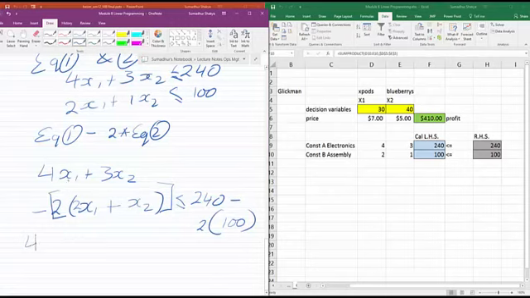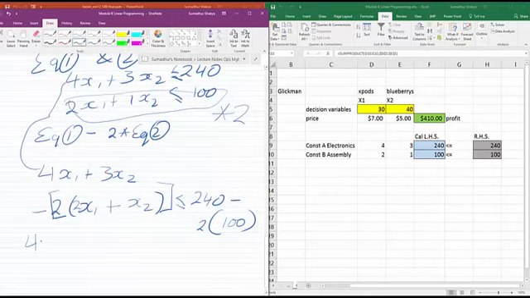So this equation 1 left hand side is the same. This part has to be multiplied by 2 and then subtracted.